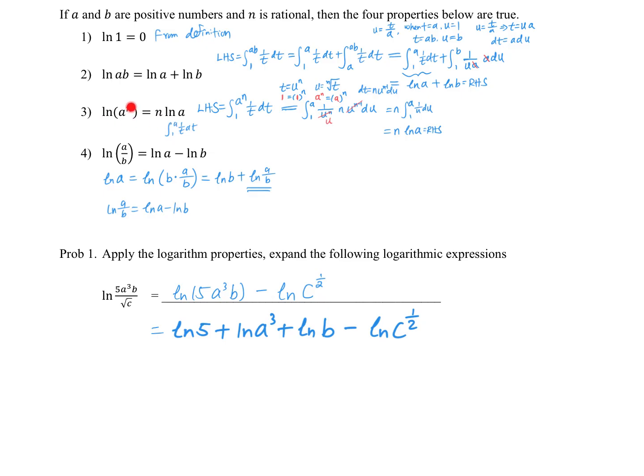The exponents can be moved to the front of the log, right? So therefore, this is equal to ln 5 plus 3 times ln a plus ln b minus 1/2 ln c. So this is the expanded version of this condensed version.